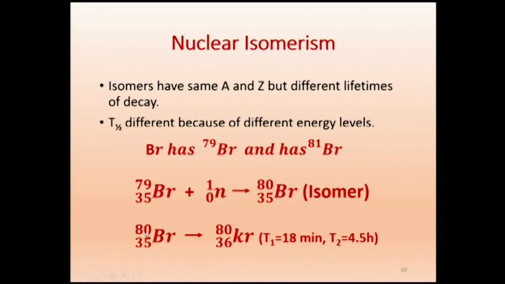Now, I will go back to this one. Bromine 81 is also bombarded with the neutron, and that will become 82. But bromine 82 is not an isomer, so it will have one lifetime.